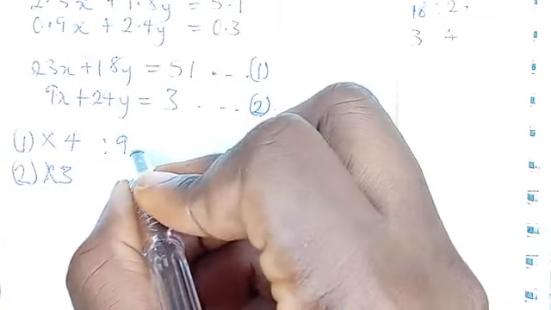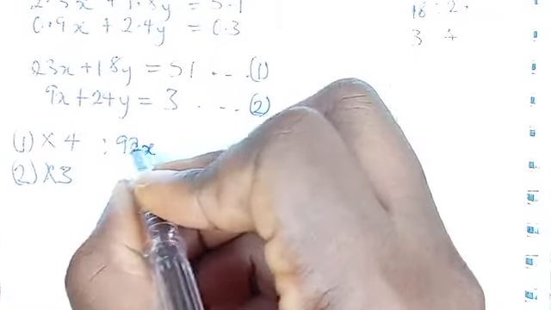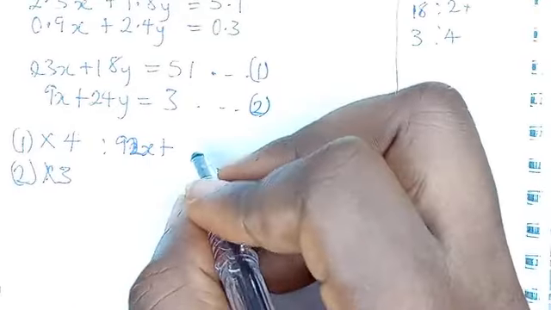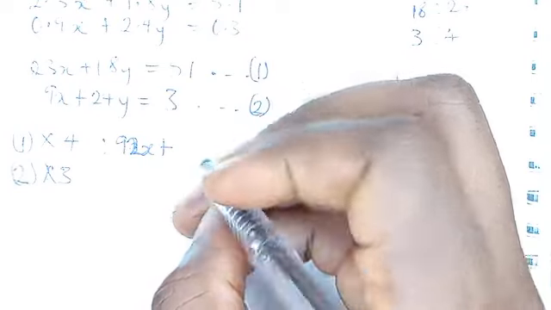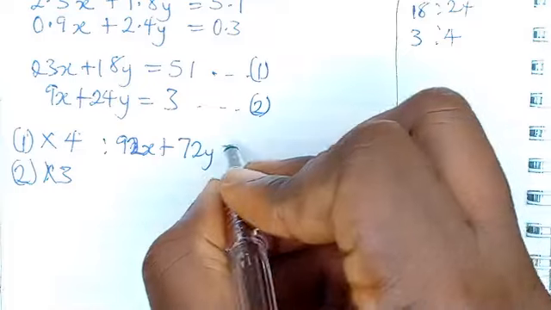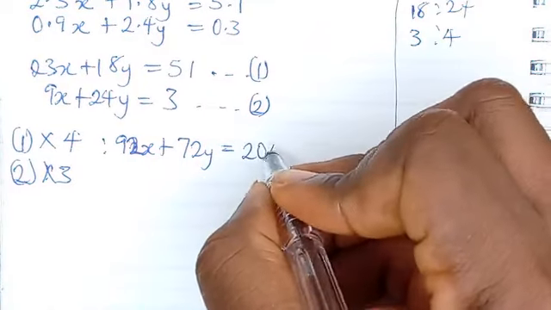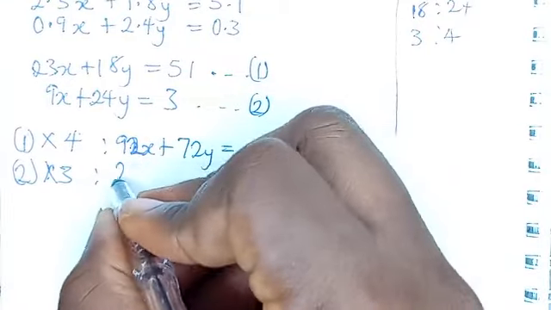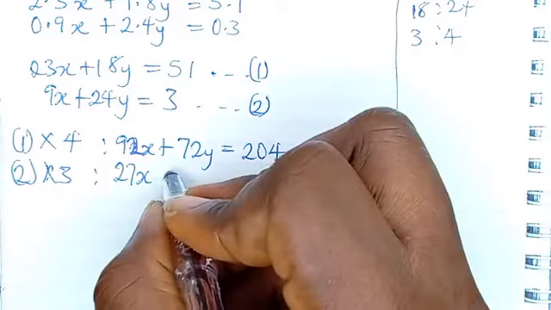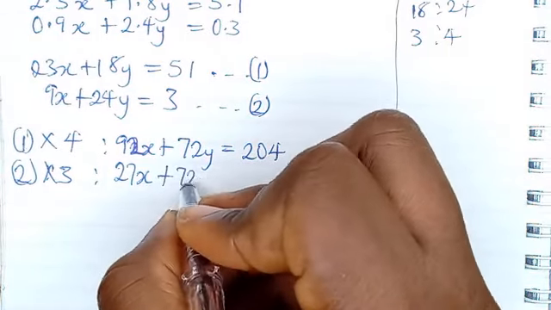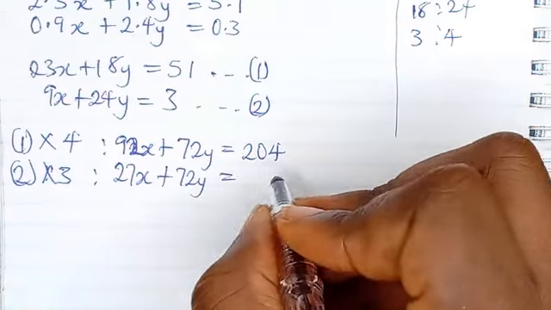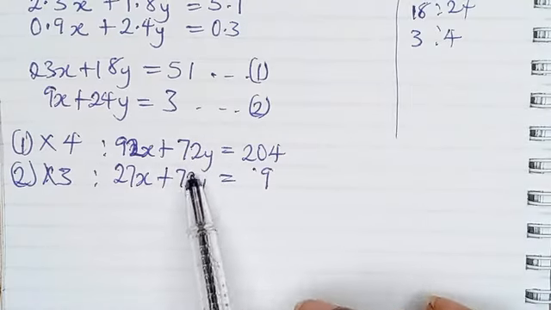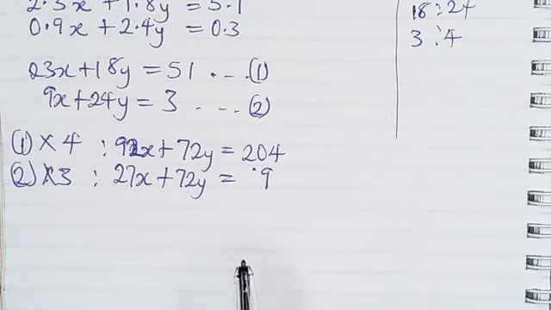92x, that is 23 times 4 is 92, plus 18 times 4 is 72y, 51 times 4 is 204. And then for this part, 9 times 3 is 27x, plus 24 times 3 is 72y, 3 times 3 is 9. Very good. So we can see we've equated the coefficients of y.